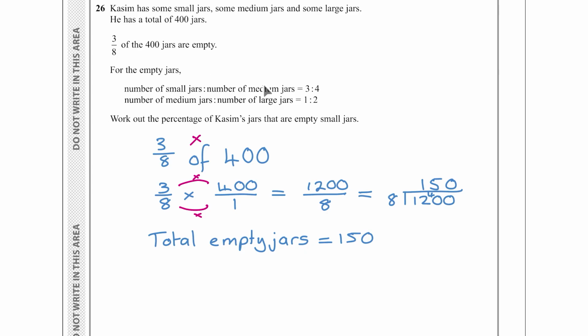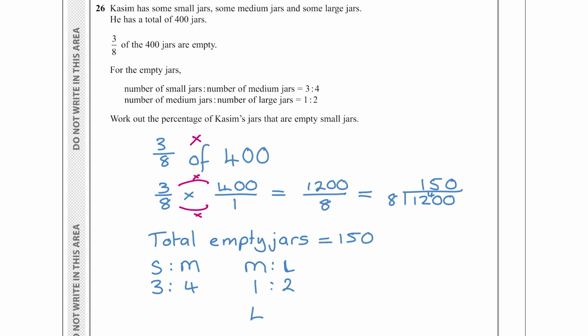And now let's do these ratios. So we've got small to medium is 3 to 4. And then we've got medium to large is 1 to 2. So we have two separate ratios for medium, and we want to make this 1 into a 4.